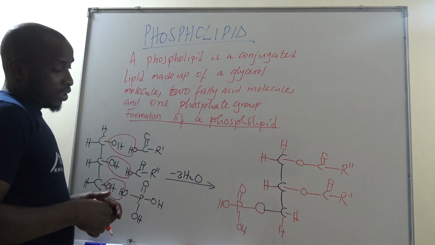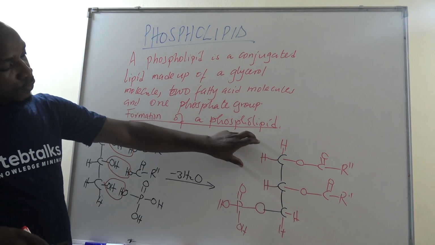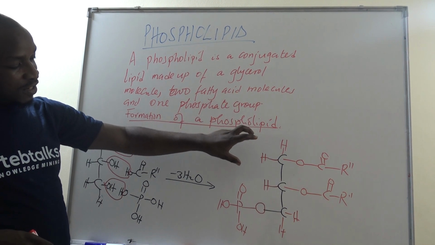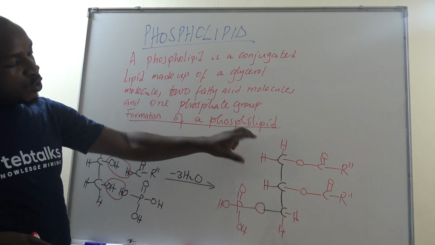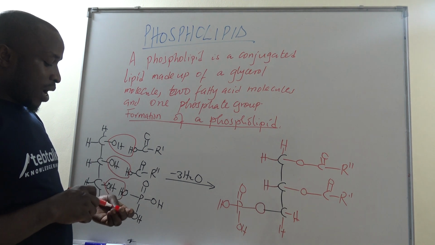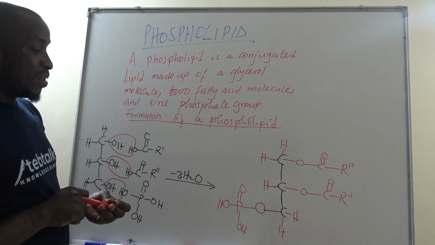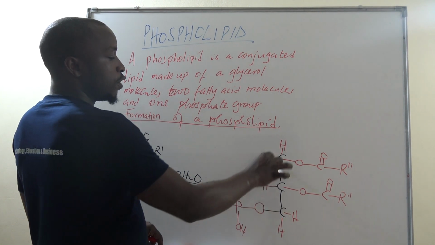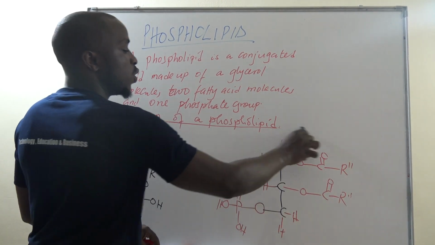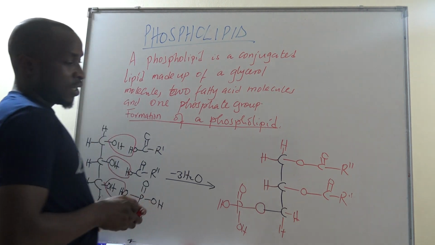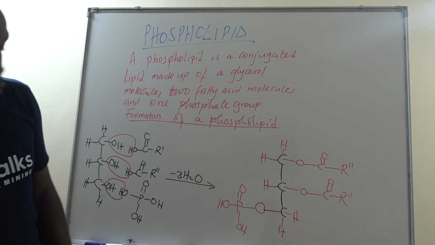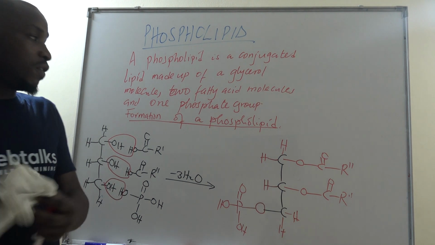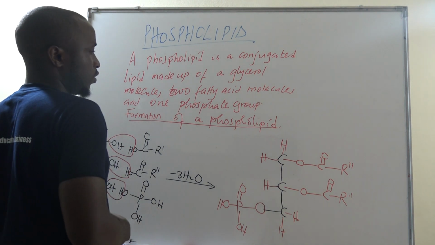So as you can see, this phospholipid brings into the lipid, this conjugated lipid, a new property. We had said earlier that fats and lipids are both insoluble in water, but the phospholipid comes in with a very unique property that is very, very crucial in body systems.